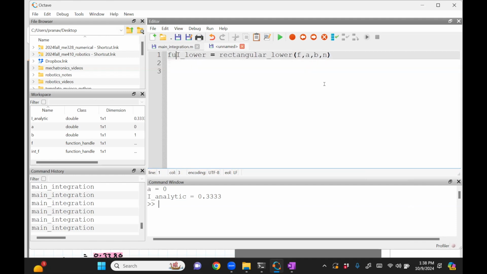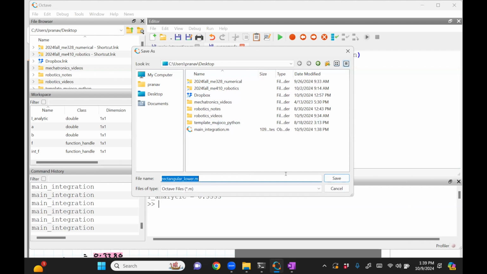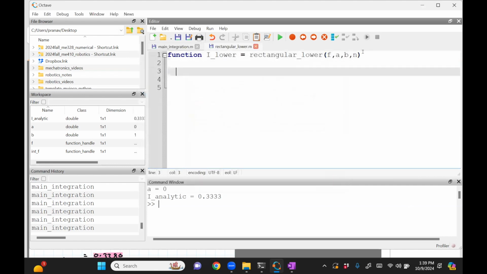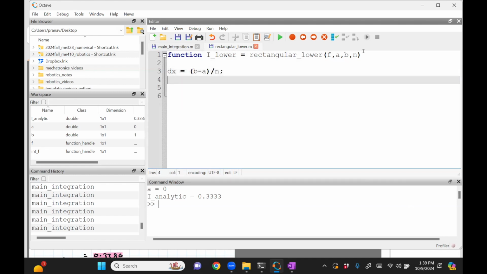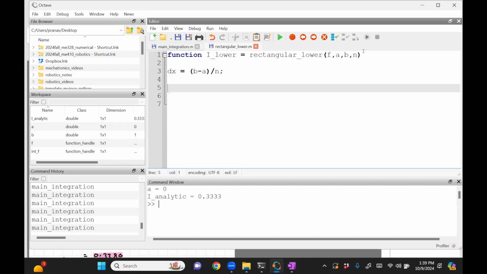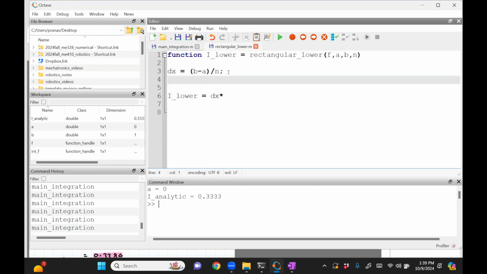I think it should be function equals, okay, and then save it. Rectangular. Okay, so what we had decided was dx was b minus a divided by n. We need the formula. The formula is dx times... Okay, so we need to generate points, grid points.